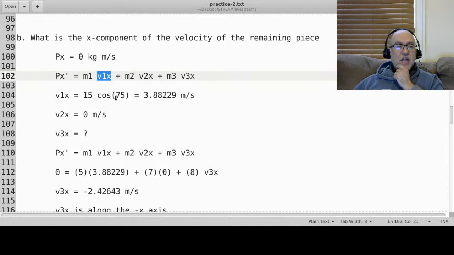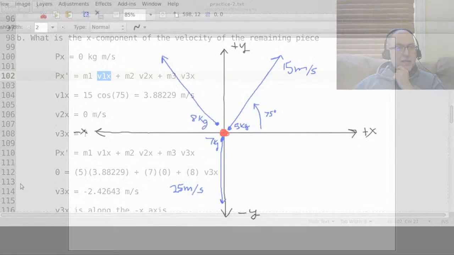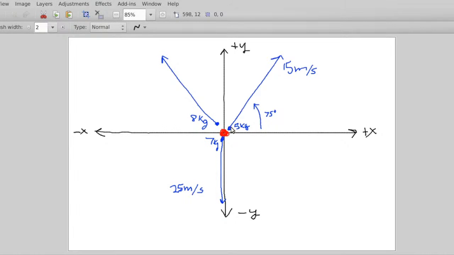And the reason it's changed is because, let me switch back to the diagram, see that 5 kilogram, which is traveling at 15 meters per second. If I did the projection, I'd have a little bit of it being projected along the plus x-axis, and a little bit of it along the plus y-axis. Okay, so it would have both an x and y component to it.